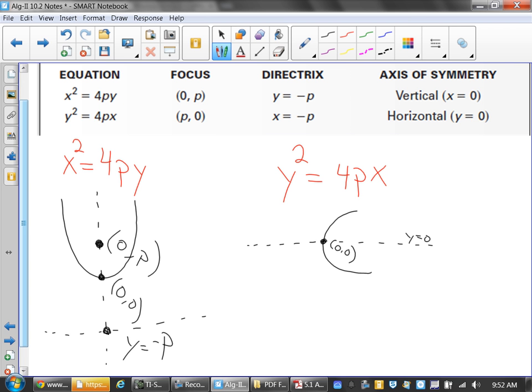My focus, remember my vertex opens up to the focus, so it's going to be out here. What do you think the coordinate for that will be? P comma 0. P comma 0, very good. And then the directrix would be behind it at x equals negative p.